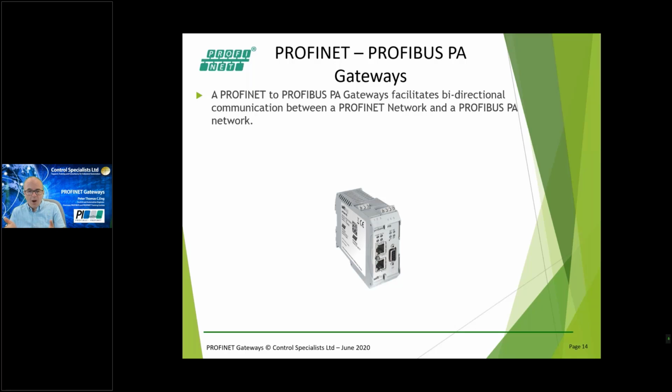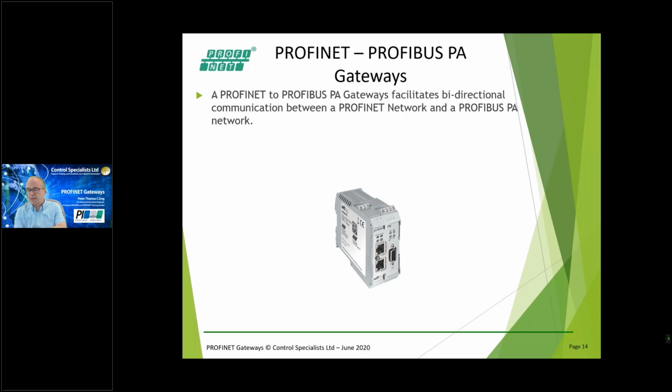As you're aware, a Profibus device can only talk to one master anyway. So these gateways are assuming that we have existing PA devices that we are now going to incorporate into our PROFINET configuration. So this is one from Siemens.